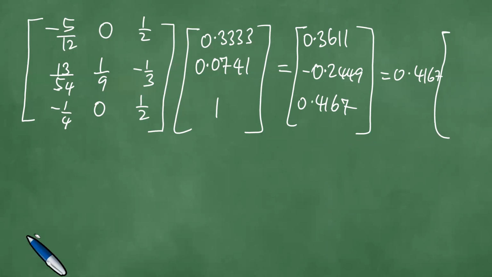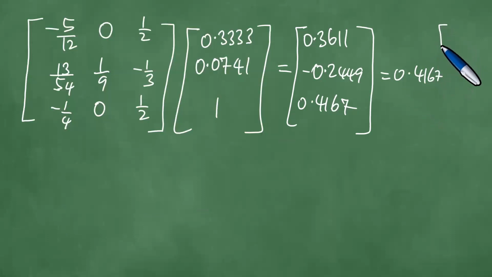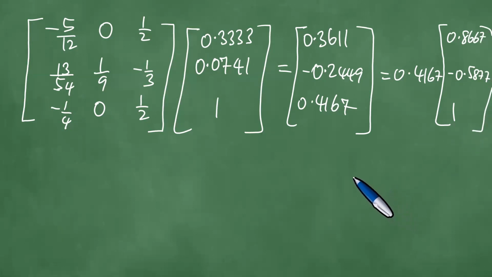If you pull out the largest one, we have 1, 0.5877, 0.6667 after 2 iterations.